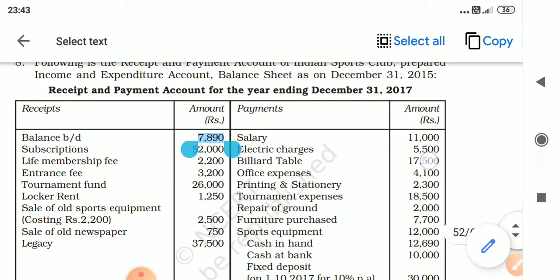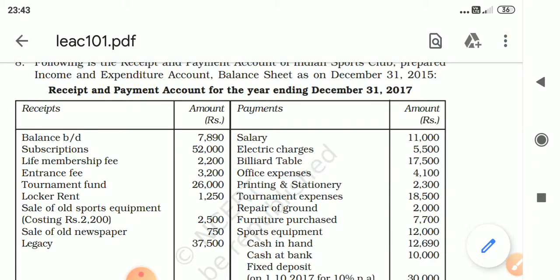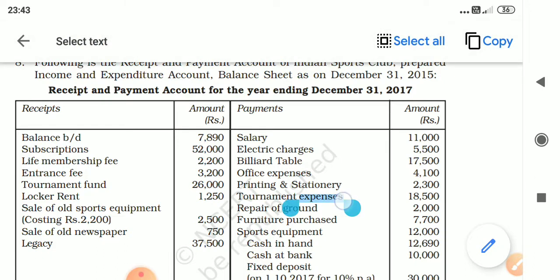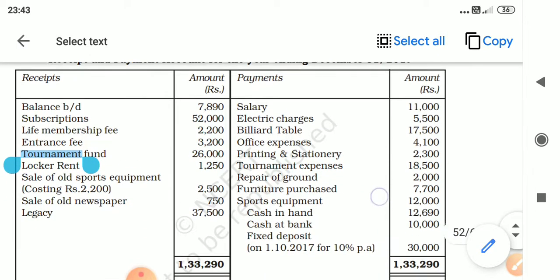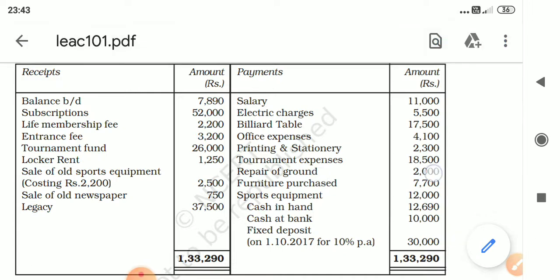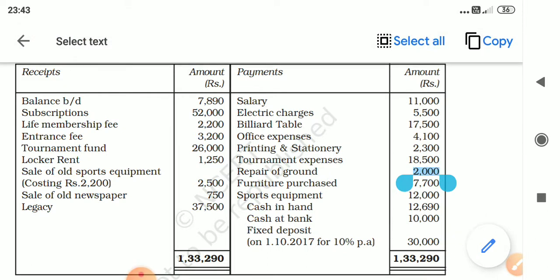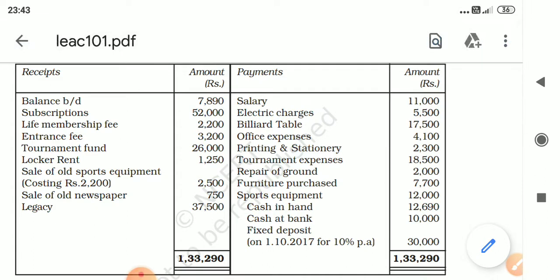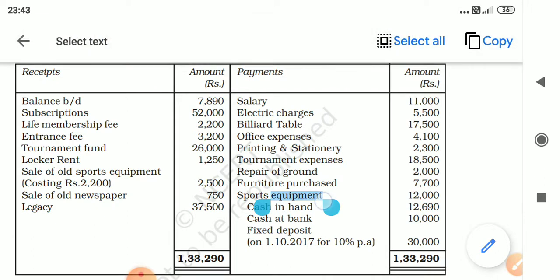Okay. Now, billiards table, asset side of current balance sheet, that is closing balance sheet. Office expense and printing and stationery, expenditure side of income and expenditure account. Tournament expense I have already explained. It will be subtracted from tournament fund on the liability side of current year's balance sheet. Repair of ground, it is a recurring expense, expenditure side. Furniture purchased is an asset. Sports equipment is an asset.